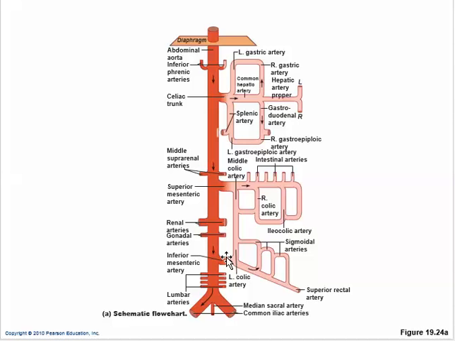There's only one of each of these, and it basically does the digestive system. The stomach by the gastric, the hepatic does the liver, the spleen, the duodenum, the gastroduodenal, etc. They all have names about where they go.